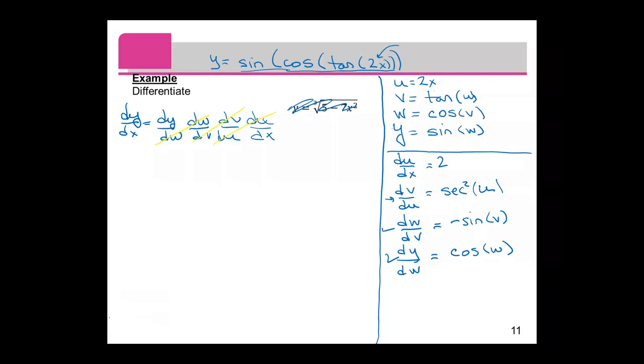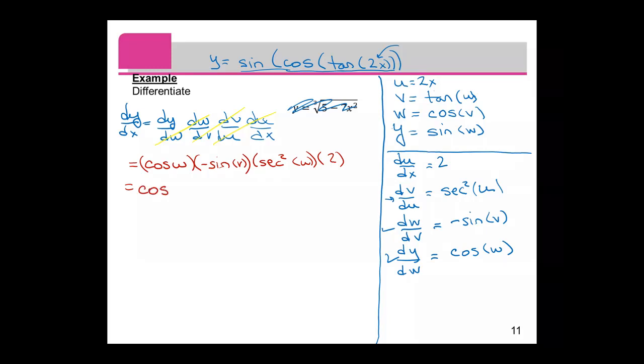Okay, good. So now I just plug it in. At this point, it's pretty simple because I have cosine of w times negative sine of v times secant squared of u times 2. And then I just keep substituting. So I know w is equal to cosine of v.